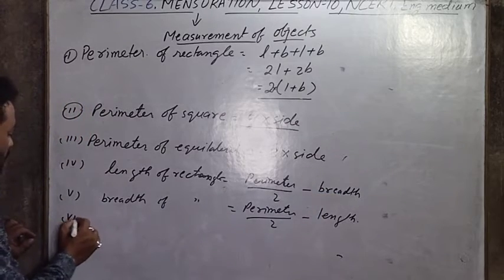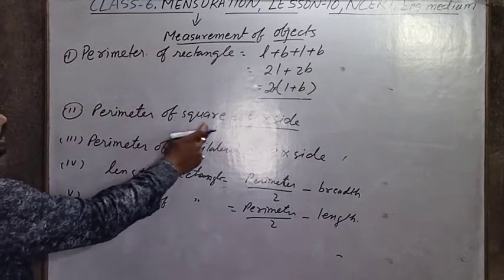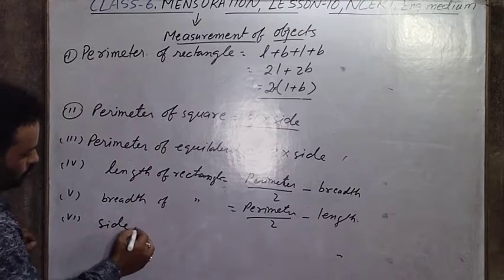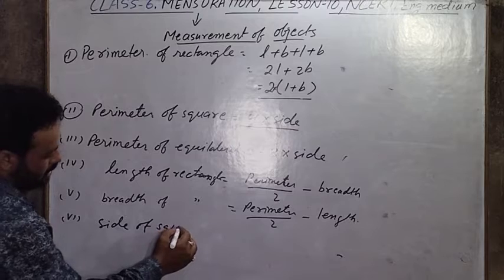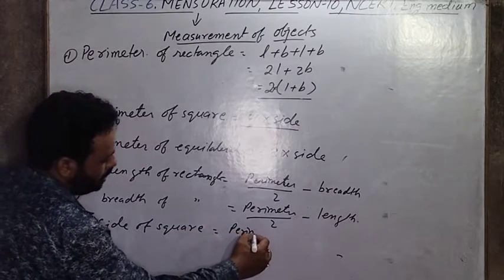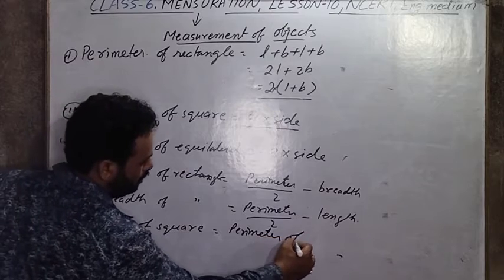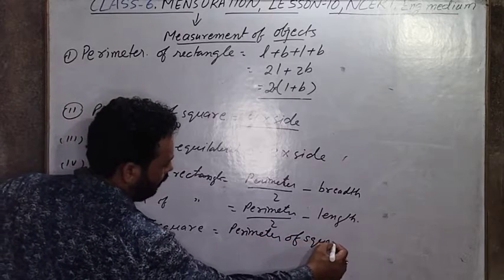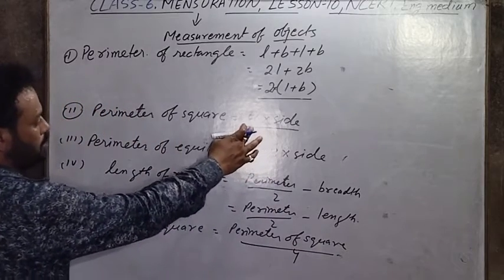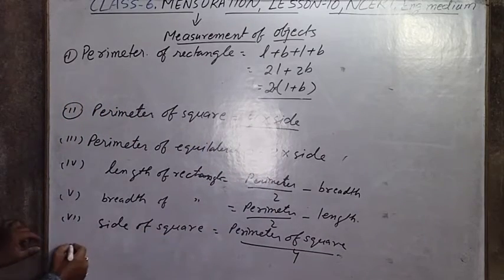Then if perimeter of a square is given, we have to find the side. Then side of a square is equal to perimeter of a square divided by 4. Since 4 is multiplied here, we will take it to this side, then it will be divided.